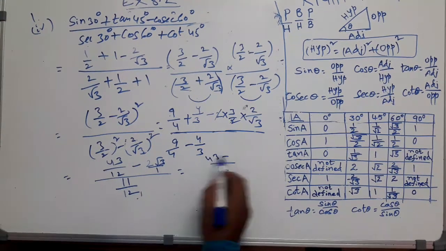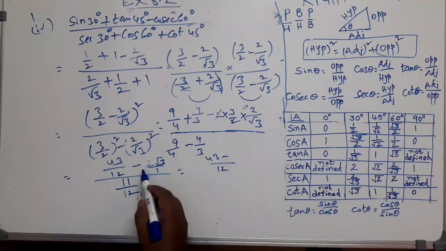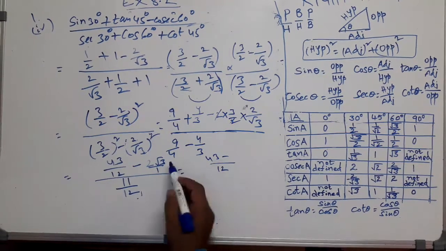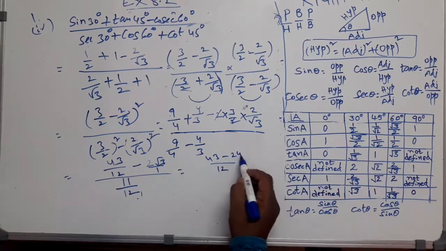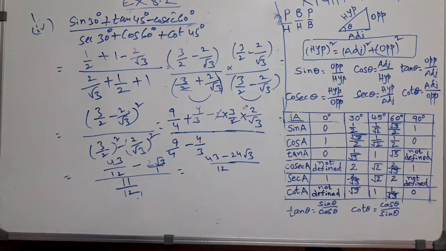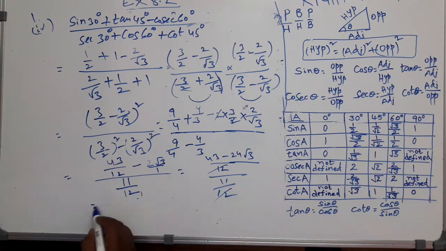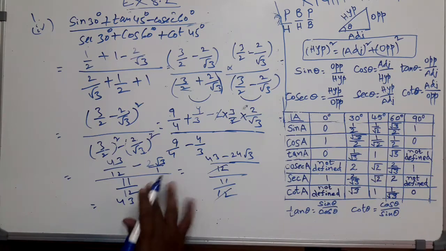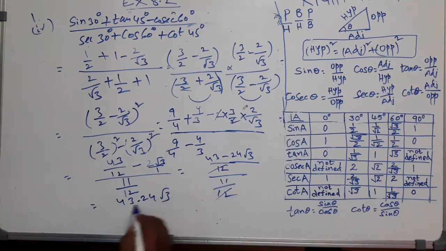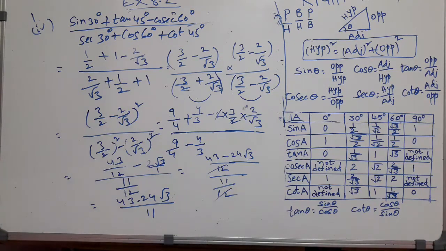This is 43 minus 12 into 2 root 3. 12 2s are 24, right? 24 root 3 divided by 11 by 12. Of course, the 12 denominator got cancelled. So what is remaining? 43 minus 24 root 3 upon 11 is remaining, right? This is the answer for that question. This is for part 4.